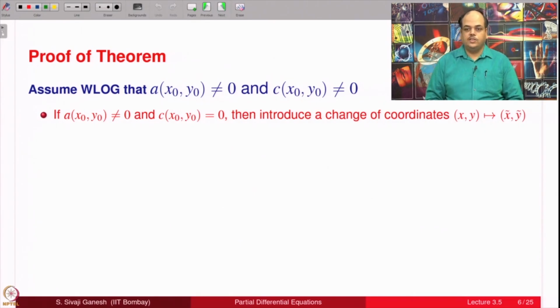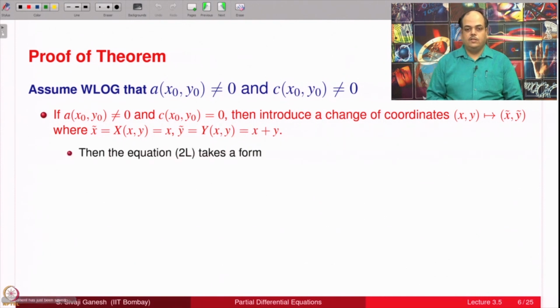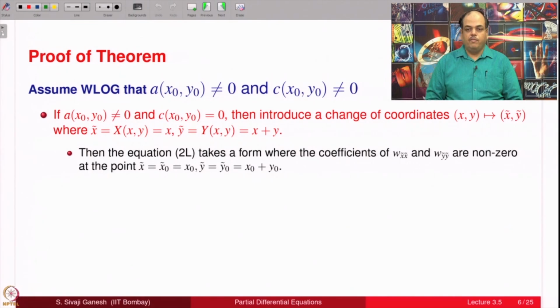Then let us introduce a change of coordinates xy going to x tilde y tilde, where x tilde as a function of xy is just x and y tilde as a function of xy is x plus y. Then the equation 2L takes the form where the coefficients of w x tilde and w y tilde are non-zero at this point x tilde equal to x0, y tilde equal to x0 plus y0.